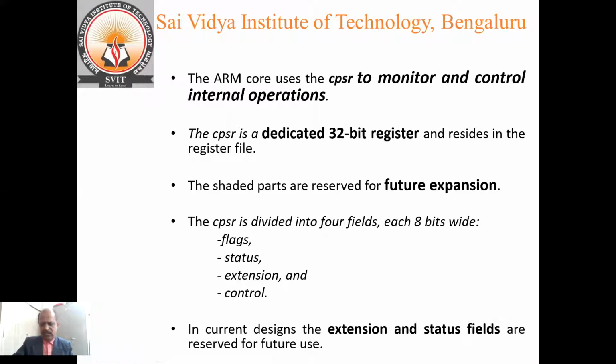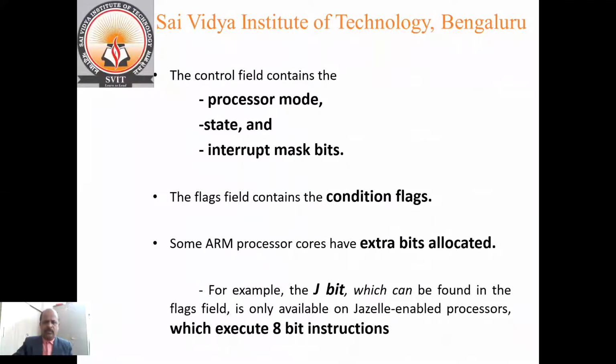In current designs, the extension and status fields are reserved for future use. The control field contains the processor mode, state, and interrupt mask bits. The flags field contains the condition flags.